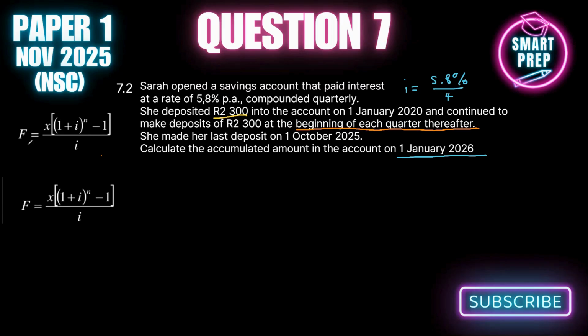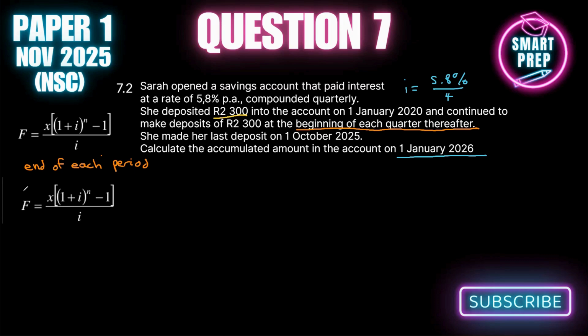When you look at this future value annuities formula, this is for when payments are made at the end of each period. For example, if it's monthly, the payment is at the end of each month, or quarterly, the end of each quarter.